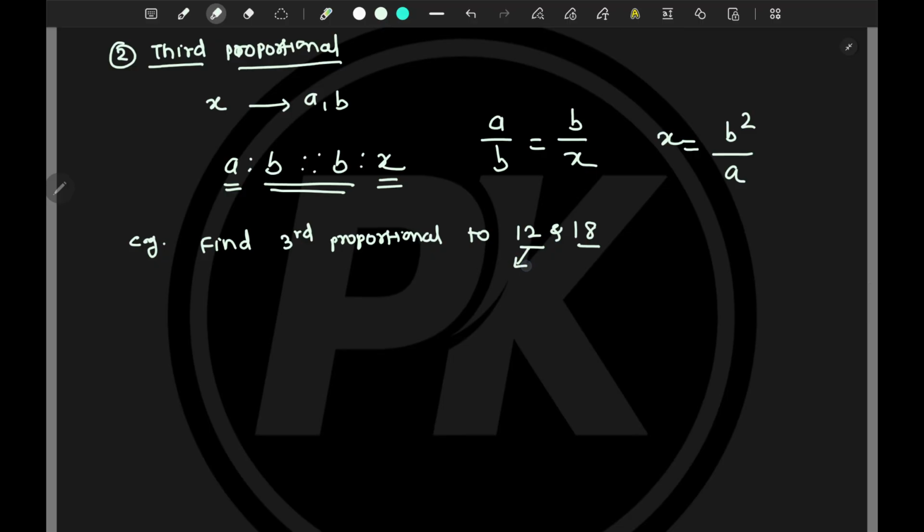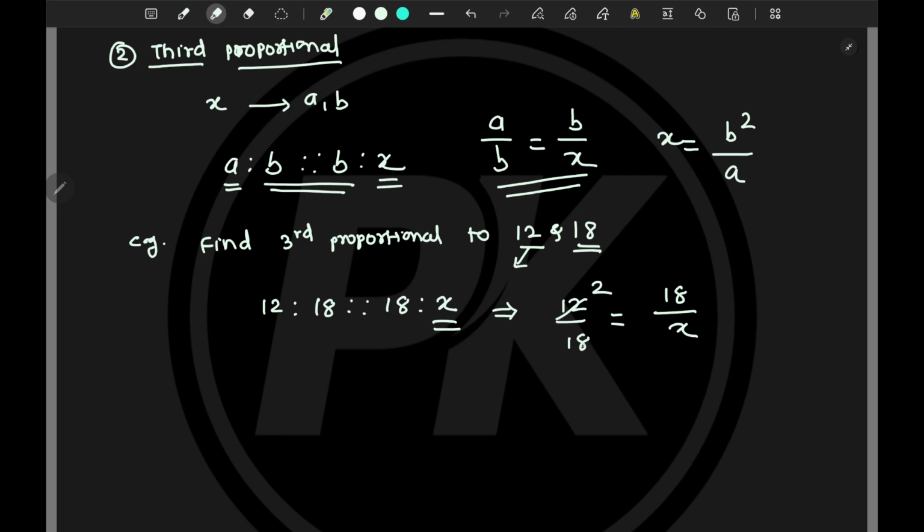So 12 is the antecedent. It is asking for the third proportional, so the in-between number should be common, which is 18. So write it as 12 is to 18 in proportion with 18 is to X. This X value is nothing but the third proportional. So we just have to write it in this format. So 12 by 18 is equal to 18 by X, right?